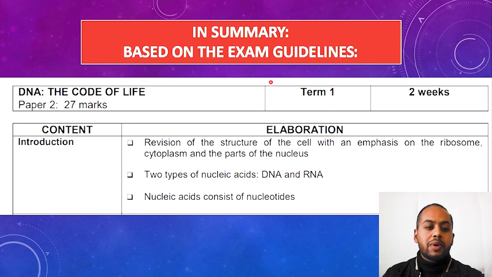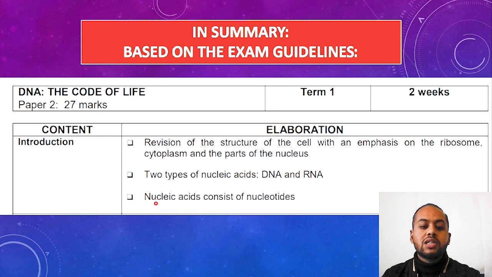In summary, based on the exam guidelines, when we introduced the topic on DNA, the code of life, these were three things which we touched on in this video. Firstly, we looked at the revision of the structure of the cell, with emphasis on the ribosome, cytoplasm, and parts of the nucleus. We said that there were two types of nucleic acids, that was DNA, deoxyribonucleic acid, as well as RNA, ribonucleic acid.